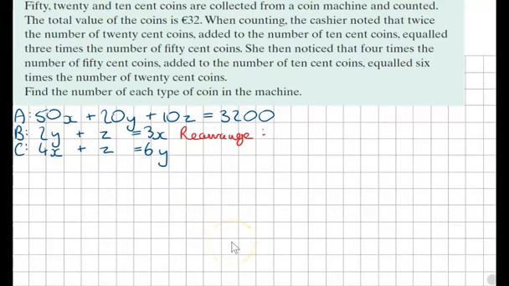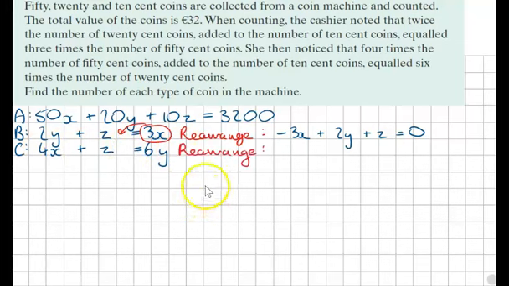There actually is no constant in equation B. So the 3x comes over and becomes minus 3x. Then I'm going to rearrange equation C in the same way. Everything with letters goes to the left of the equal sign, and any constants go to the right, but there aren't any constants in it. So the 6y comes over and becomes minus 6y. So I have 4x minus 6y plus z is equal to 0.